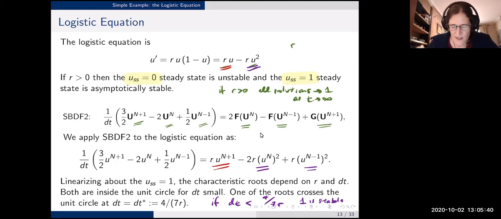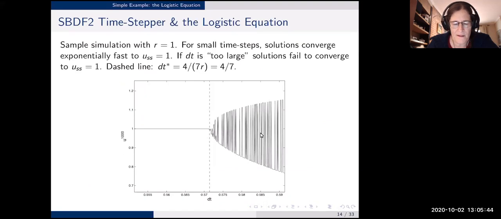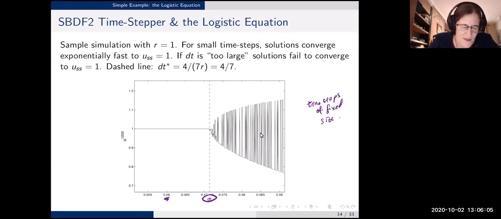What does this look like in terms of a numerical simulation? Here I'm taking time steps of fixed size. This is the time step size. If I take a time step of size 0.56, then the 1,000th iterate is very close to 1.